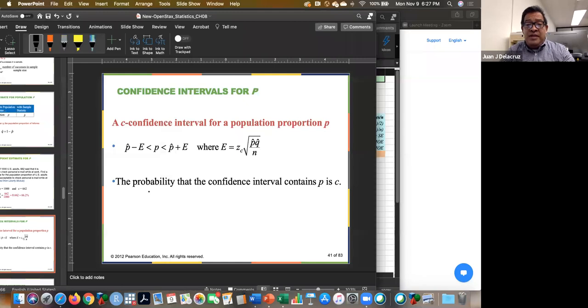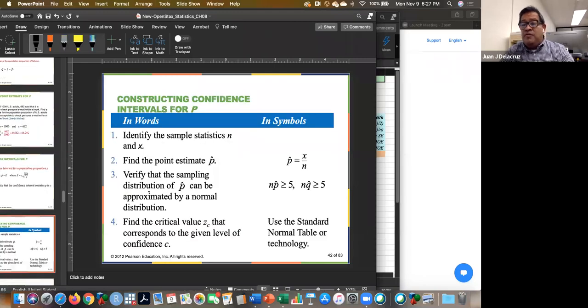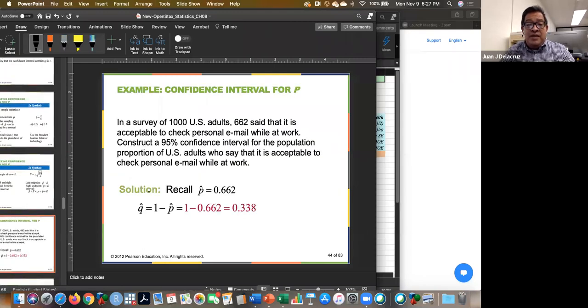We also mentioned that for both the mean and the population proportion, we can find the number of subjects that we need to conduct a good experiment, right?